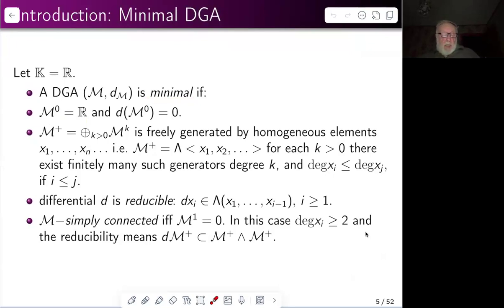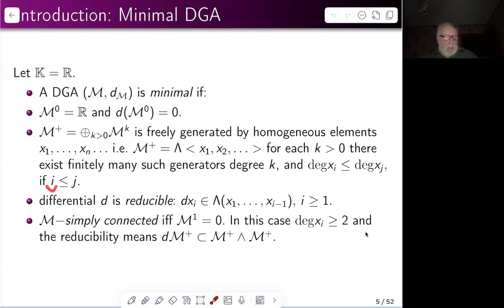And then the positively graded part, M plus, is freely generated by some homogeneous elements x1, ..., xn, such that this part is an exterior algebra freely generated by these elements. And there are finitely many generators of each degree k, for each k.